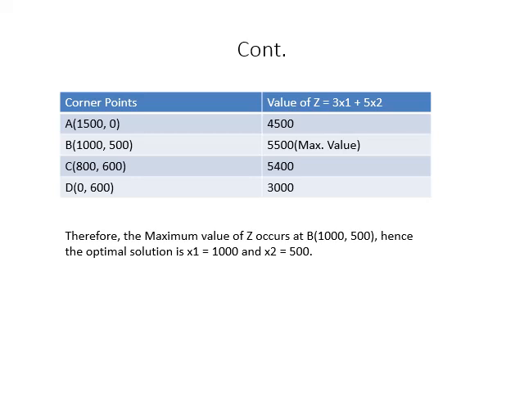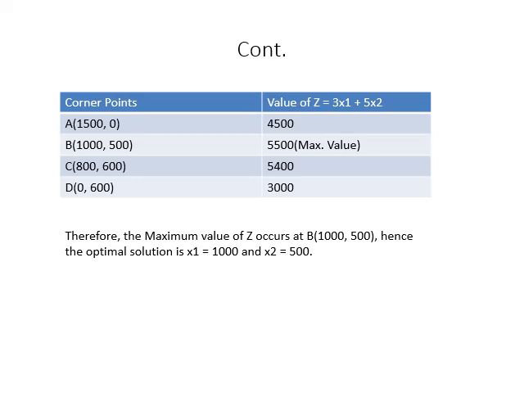Let's move to the next corner point B, where x1 equal 1000 and x2 equal 500. So z equal in this case 3 times 1000 plus 5 times 500, and we got 5500.